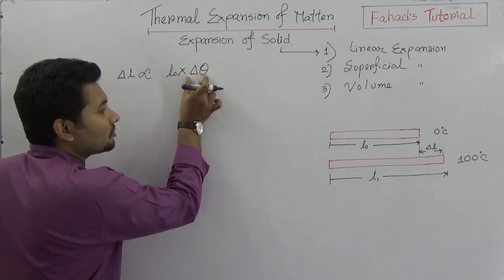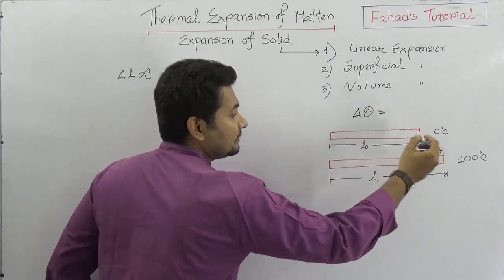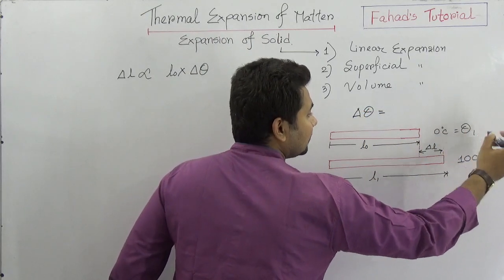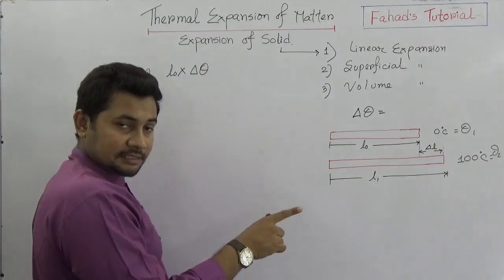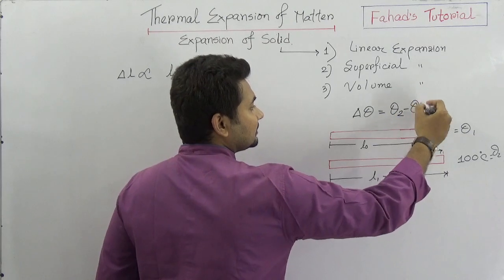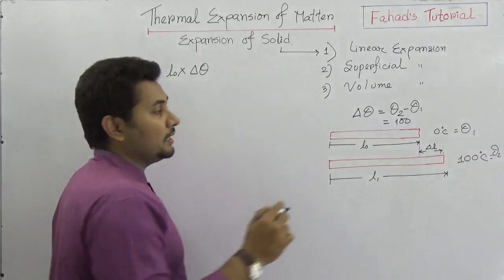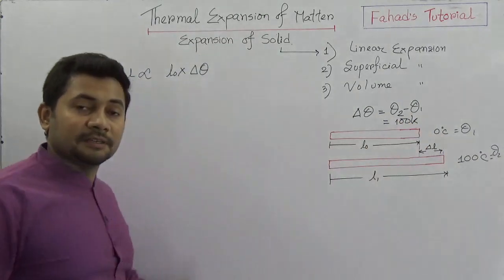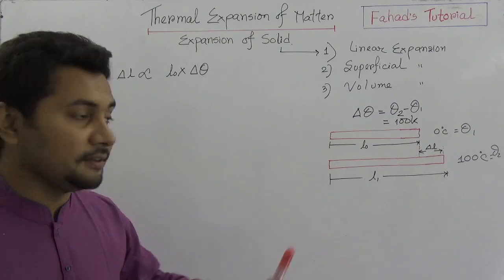If it is theta 1 and theta 2, that means the previous temperature and the next temperature, then del theta is theta 2 minus theta 1. So this is 100 degrees Celsius or 100 Kelvin, because a change in Celsius is equivalent to a change in Kelvin.